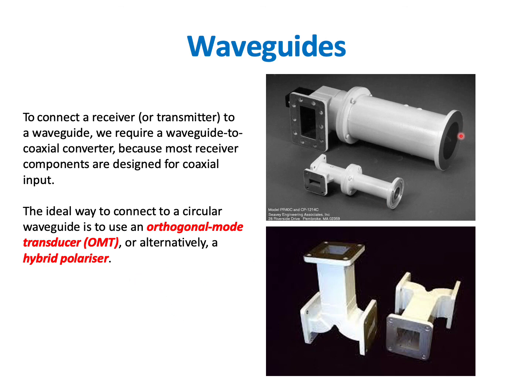So here are some physical waveguides. What we have is these waveguides here in this upper picture. These are called orthogonal mode transducers. So here these bolt onto a circular feed horn, and then the waves will propagate down this transducer.